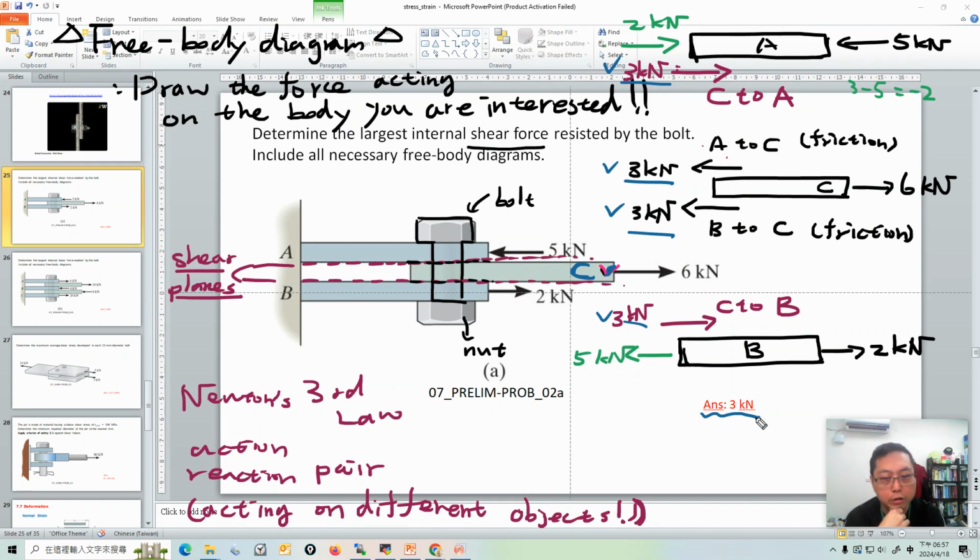So this is the first example to calculate, but this example just calculates the shear force, not the shear stress. Maybe later we will have an example to calculate the shear stress. I want to introduce this example because I want you to get familiar with free body diagram analysis on the bolt.